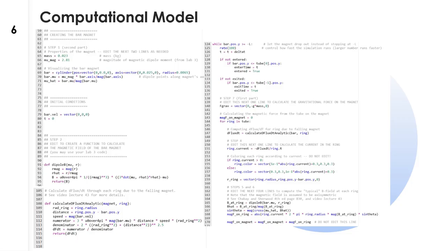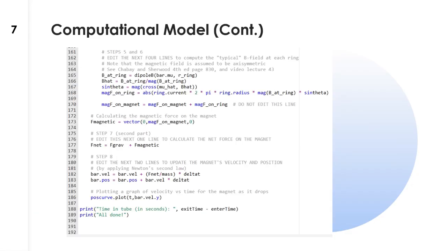So now we can find the magnetic field at the position of the ring, and then find the magnitude of the force on the bar magnet.